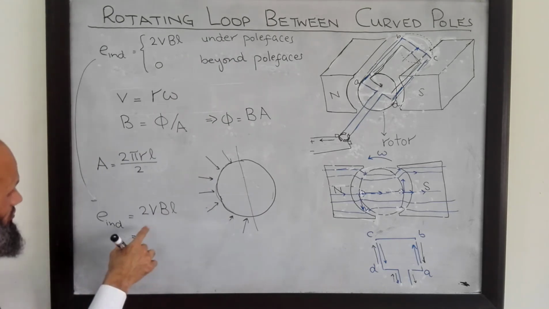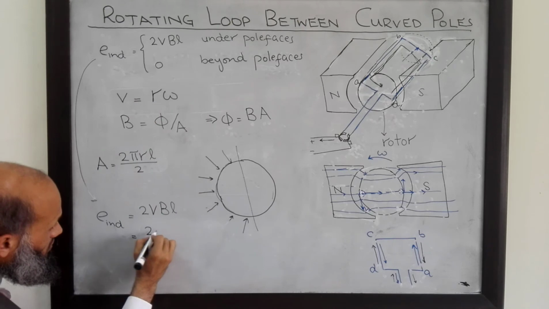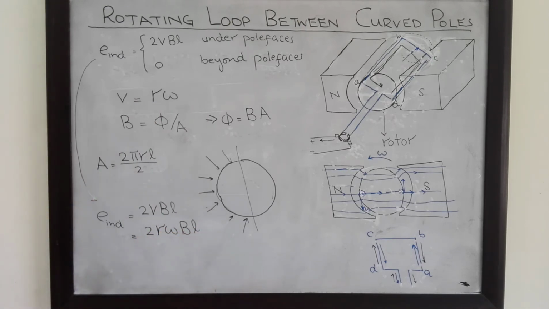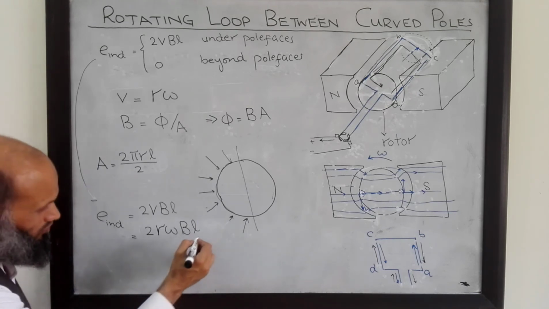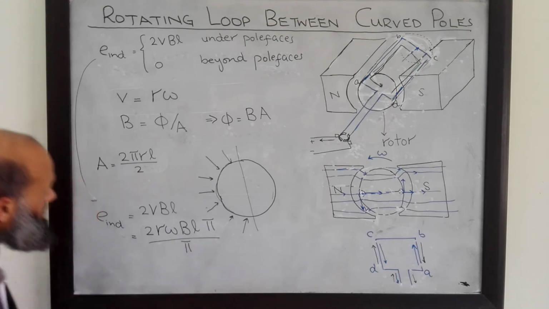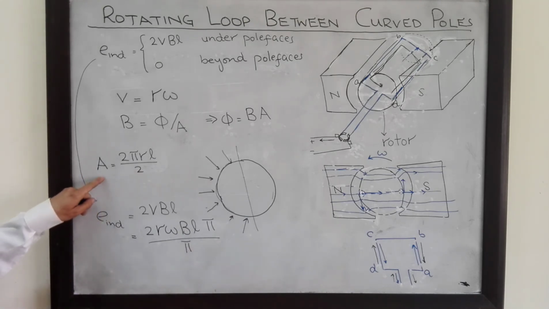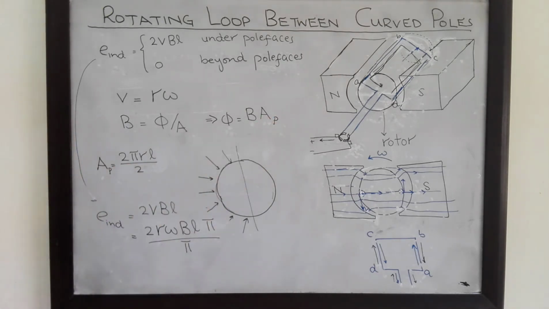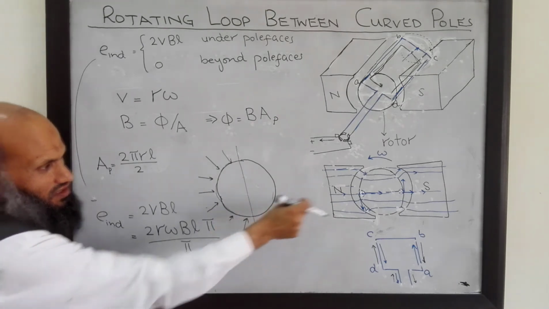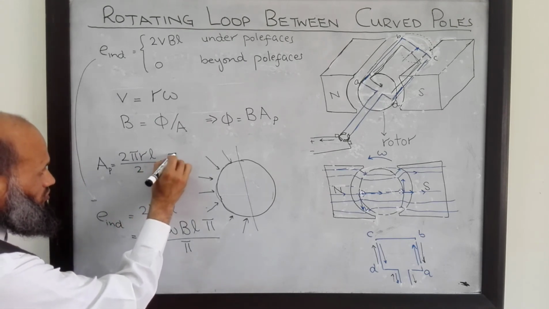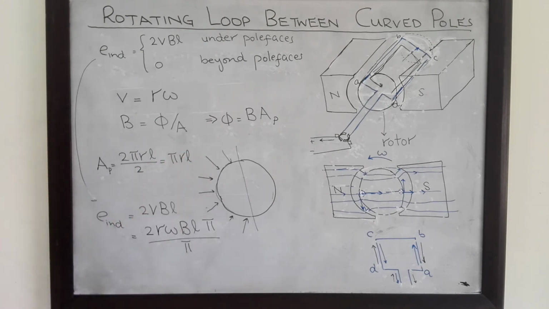So what we notice is V is equal to R omega, 2R omega B multiplied by L. I multiply the whole expression with pi and also divide it with pi. So this area, let's call it area per pole, because half of the area is under north pole and half is under south pole. So let's denote it area per pole. That is equal to pi r L.